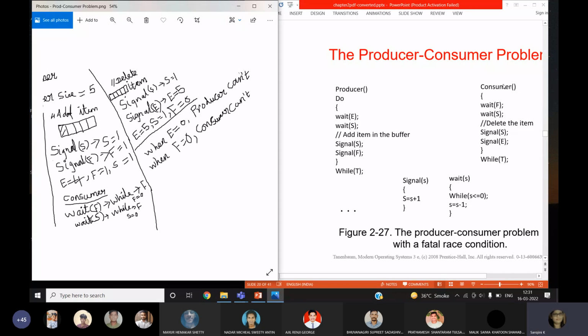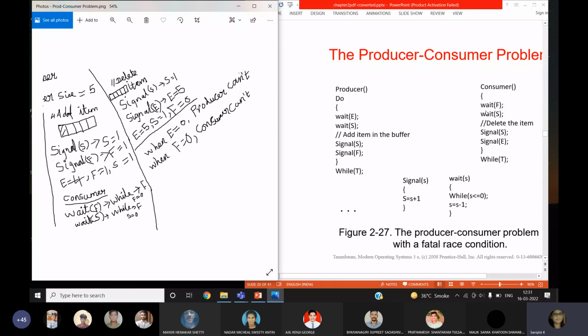The consumer is executing because it wants to consume some item in the buffer. Consume is nothing but it wants to remove or delete or take it off from the buffer. Consumer can't produce anything or add anything in the buffer. It can only remove items from the buffer.